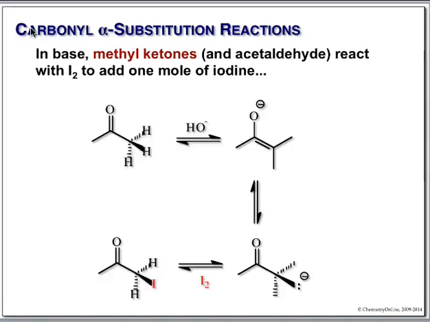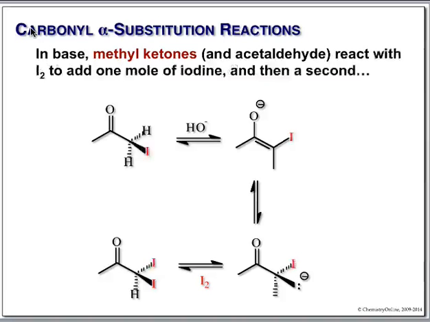So this is now going to react with the second mole to make the diiodo ketone. It turns out that this is an even stronger acid, therefore it is going to react with a third mole to make the triiodo ketone. Now we obviously can't do any more substitution. We changed all three hydrogens into iodines.